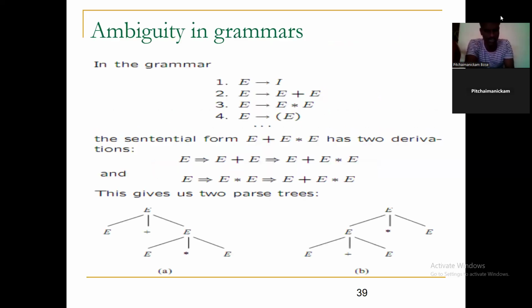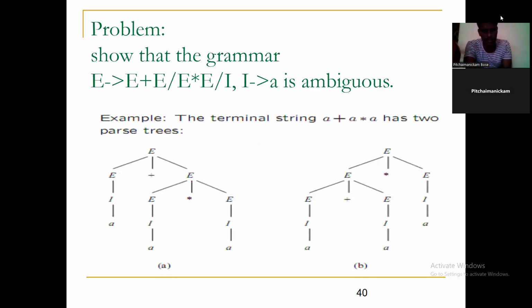Now we take the same grammar inputs for verifying whether the grammar is ambiguous or unambiguous. Our problem is to show that the grammar E derives E plus E, E star E, I, and I derives A, is ambiguous.